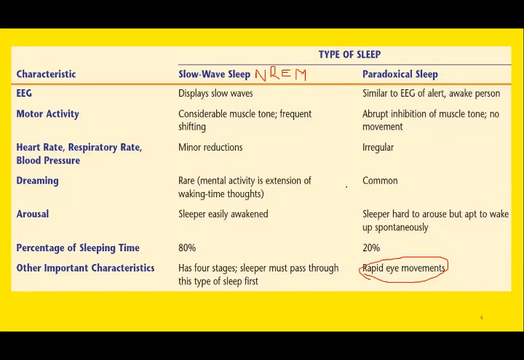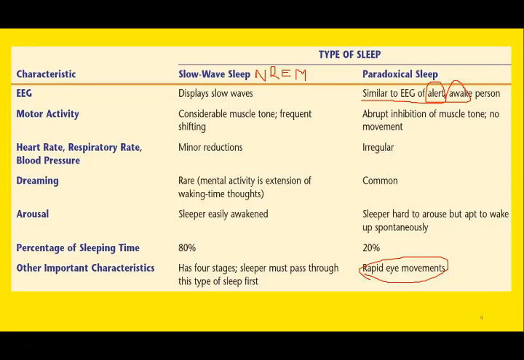The thing to remember is that the EEG pattern of REM sleep is very similar to a person who is alert, a person who is awake. So this is a paradox. Although the person is asleep, the EEG is similar to that of an awake person.